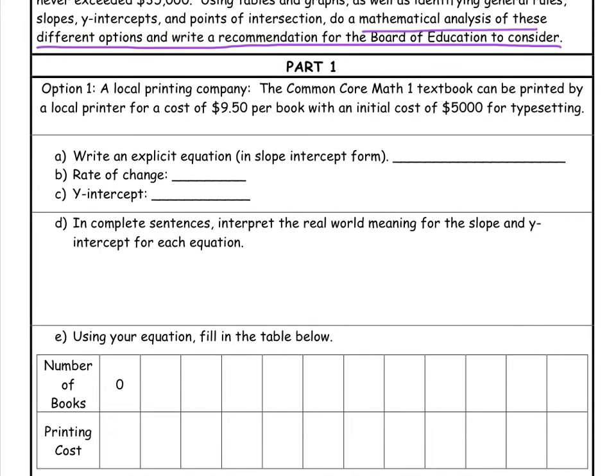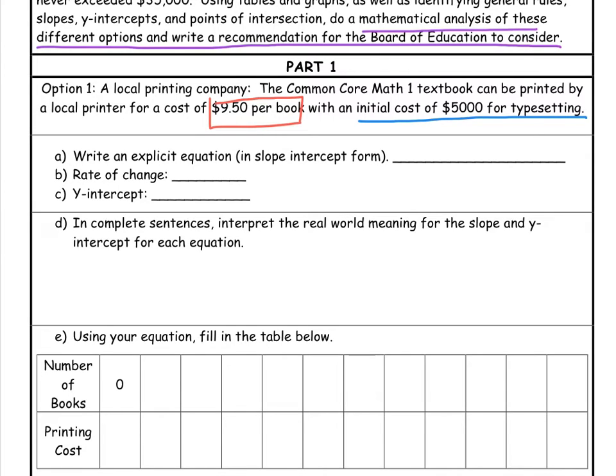Okay, so part 1 we're going to take a look at together. This is our first option from the local printing company. The Common Core Math textbook can be printed by the local printing company for a cost of $9.50 per book, with an initial cost of $5,000 for typesetting. So we need to write an explicit equation in slope-intercept form to represent this scenario.